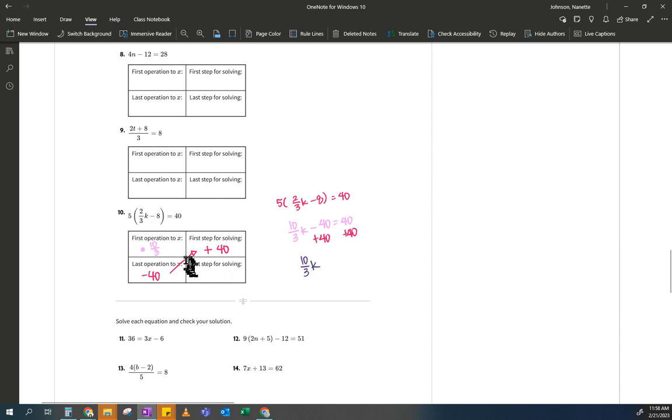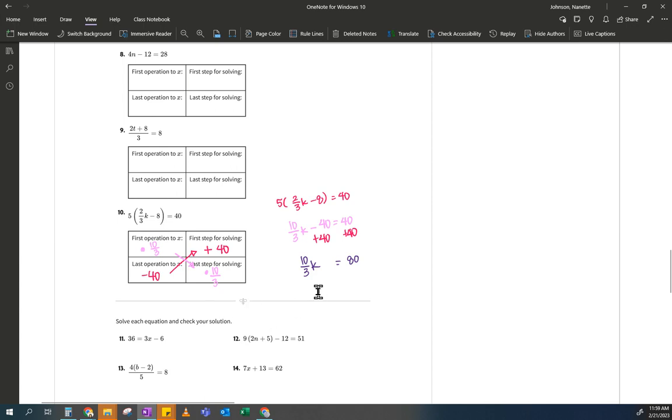And then I would have to deal with this guy. The last step is going to be the first step. So how do you undo multiply by 10/3? Well, how do you undo multiplication? You would say, oh, you divide, right?